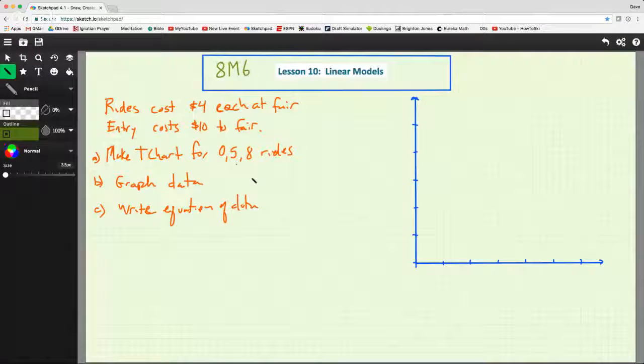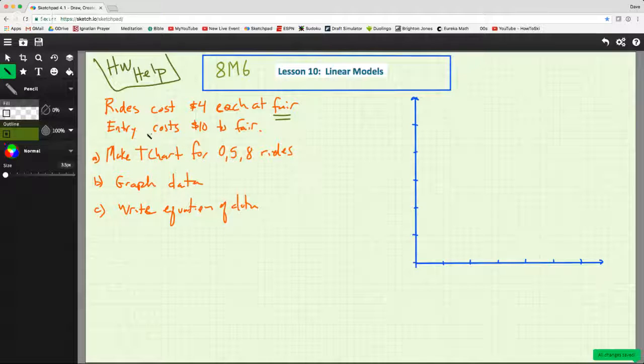We've been doing this, but your homework is going to be to do 3 types of problems like this. So you are at the fair, and rides cost $4 each, and entry costs $10 to the fair. So you pay $10 to get in, and then $4 each ride.